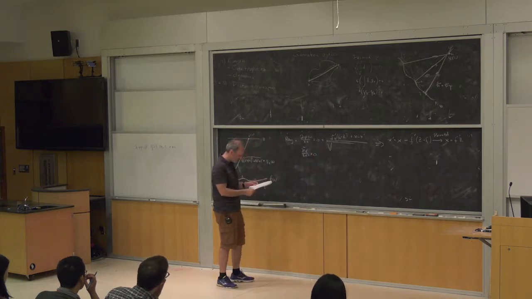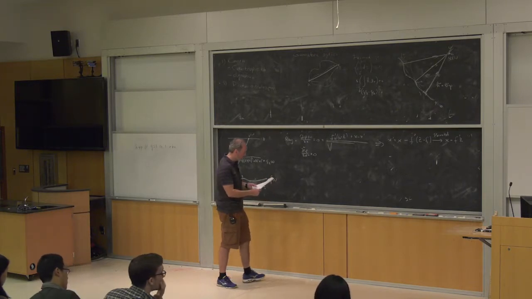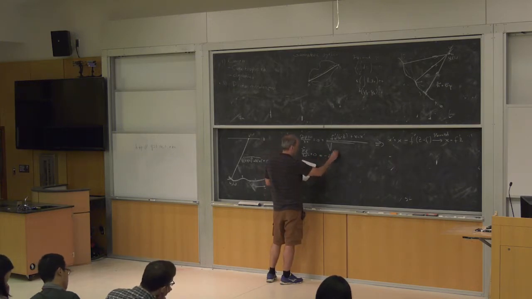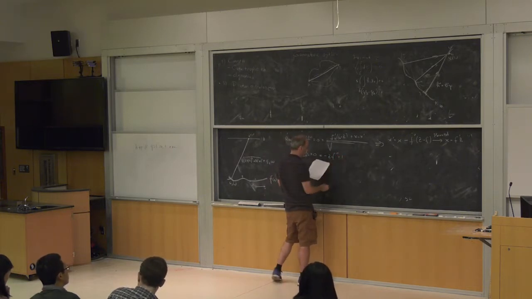Okay, so if you do that, I'm not going to bore you with the derivation. What you get is the following. So it's minus z f double prime plus 1.